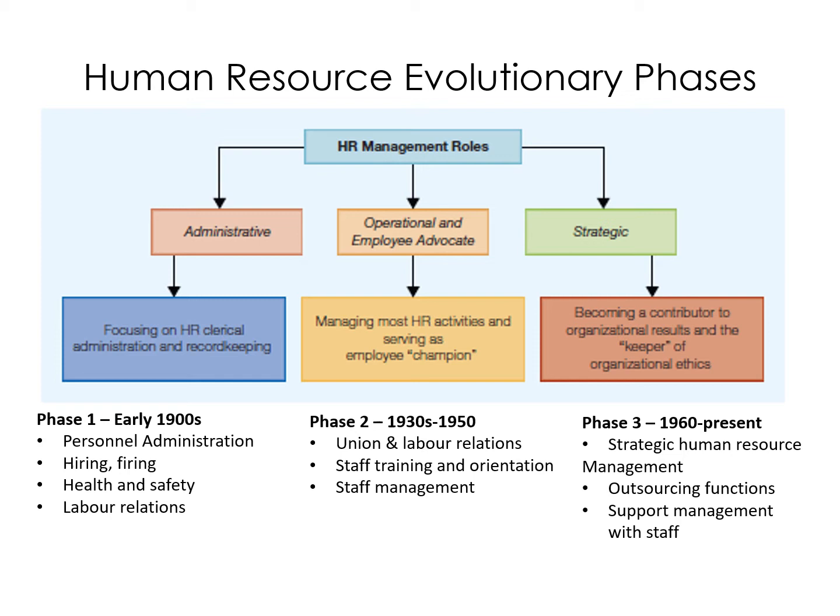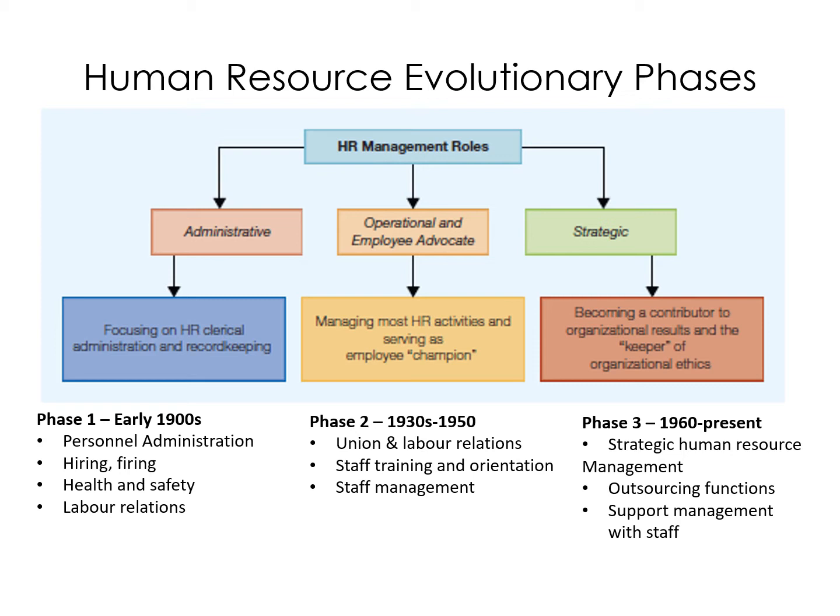Then into the 1930s and the 1950s, in the colleges and universities, they started to do research around labor relations and managing staff. You saw in the economics department and labor relations, people starting to focus their energy on how we could best manage our people within our organization.